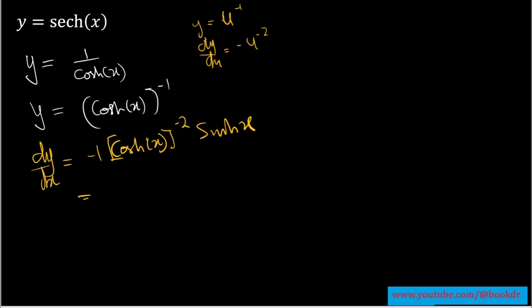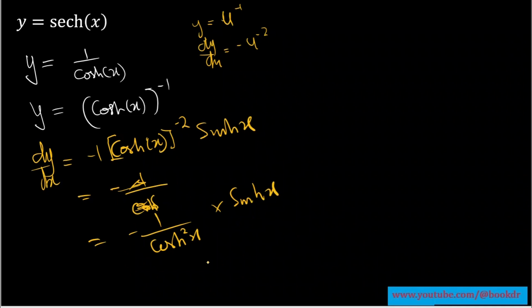So this becomes negative 1 over cosh square x, since when the power comes down it becomes positive, multiplied by sinh x.